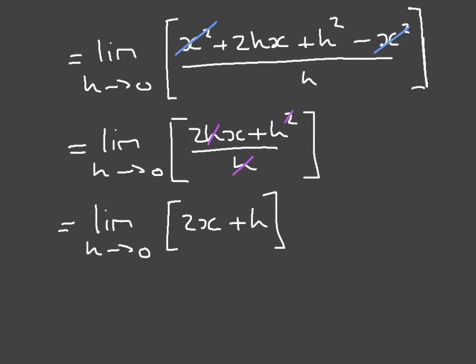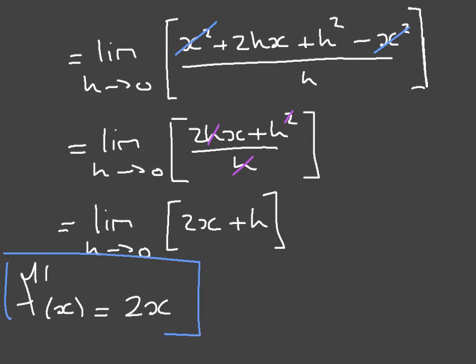Well, hopefully you can see that if we let h become infinitely close to 0, then 2x plus h will just become infinitely close to 2x, because the h will become nearly negligible. And so we can write f dash of x, and now we no longer have to write the limit, is simply equal to 2x. And there we have it. We have just differentiated f of x equals x squared using first principles.